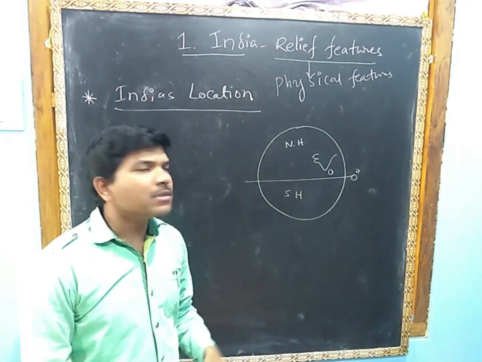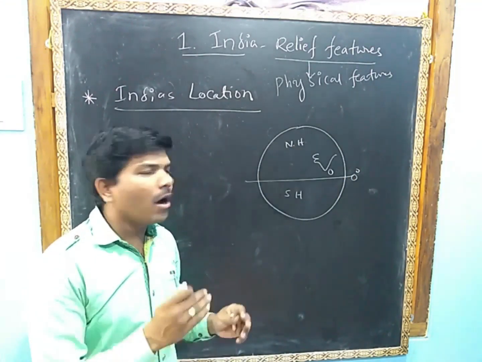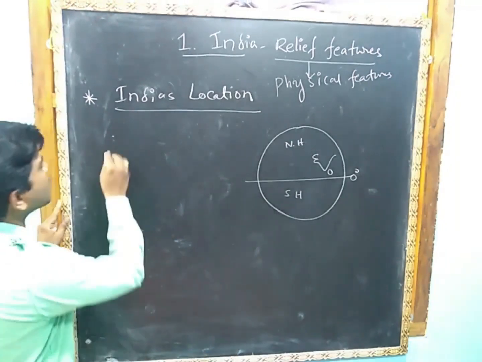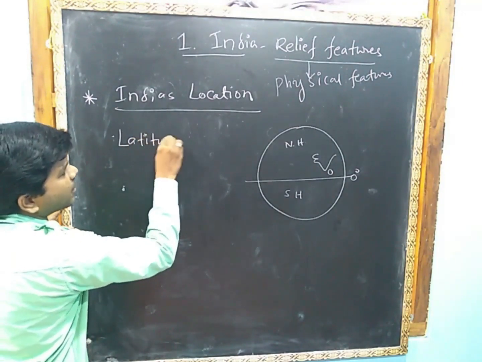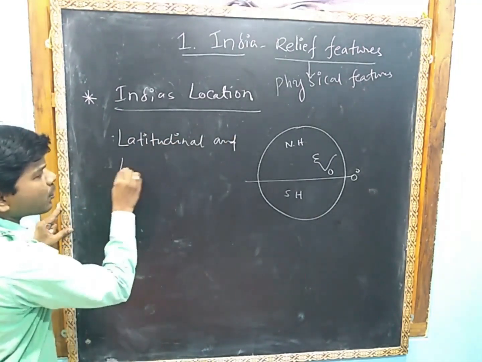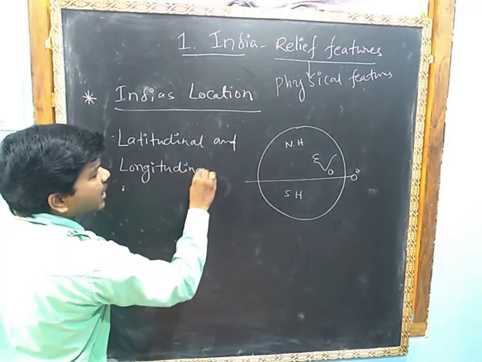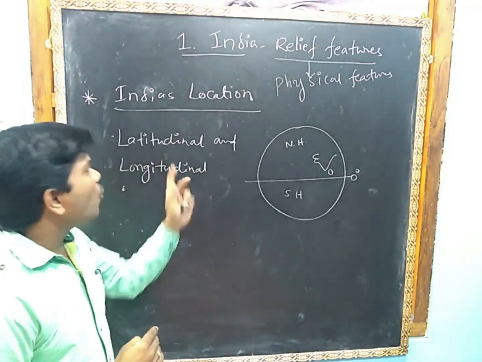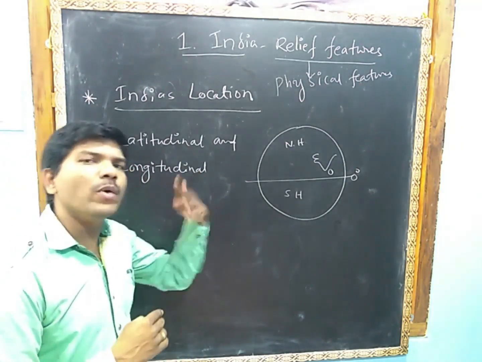But sometimes they may also ask what is the latitudinal and longitudinal extent of India. That means India is located between which latitude to which latitude and from which longitude to which longitude.